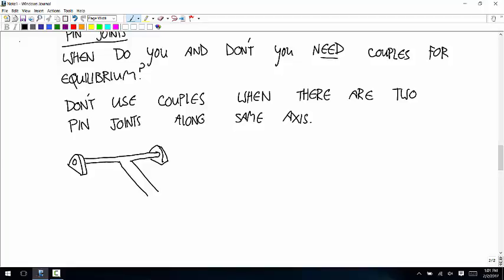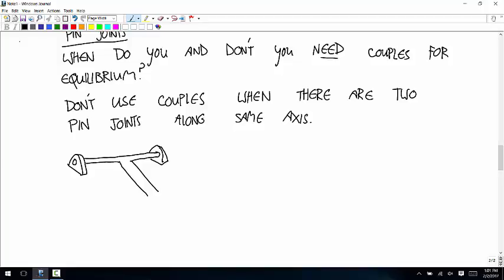And that can be prevented without any couples at this joint or this joint, just by this pushing down and this pulling up. So in this case, I'm prevented from torquing this thing by forces at the two pin joints, not by couples at the two pin joints, okay?